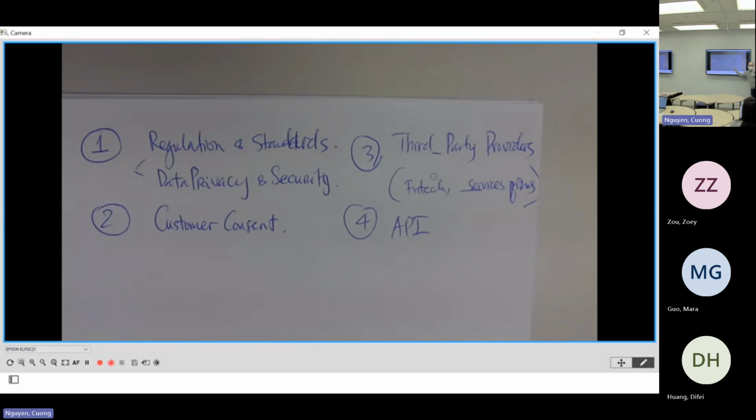So we need these four things to make open banking operate.